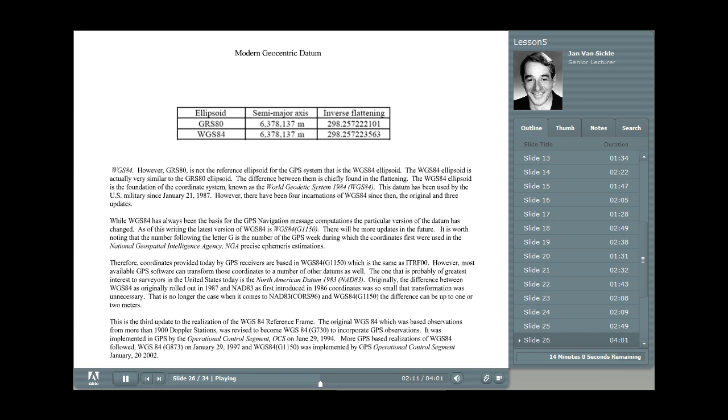Therefore, coordinates provided today by a GPS receiver are based on WGS 84 G1150, which is the same thing as the International Terrestrial Reference Frame 2000, or ITRF00. We'll talk more about that later.